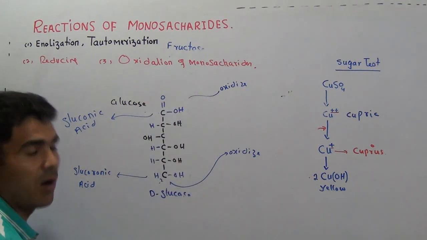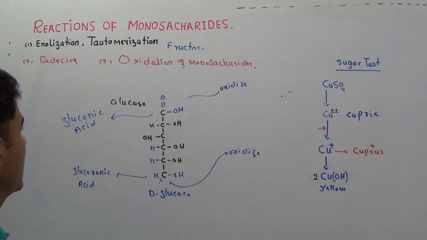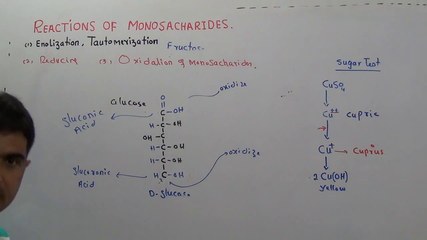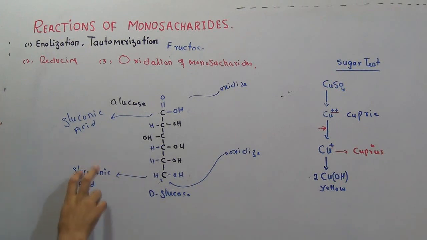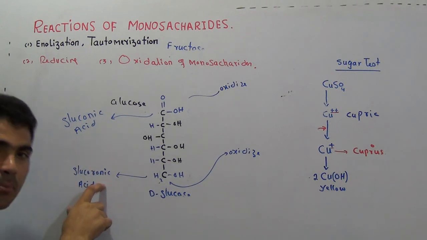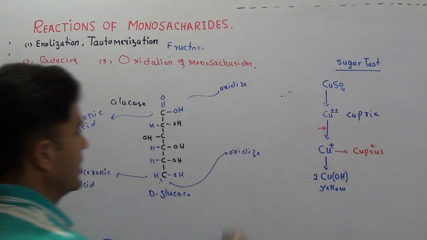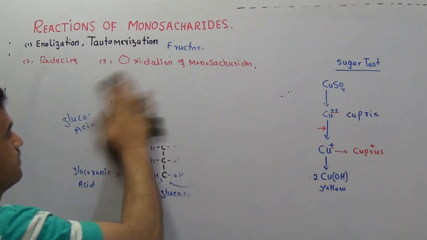It shows that oxidation has occurred. These compounds have a special role. You will see glucuronic acid in different kinds of mucopolysaccharides, heteropolysaccharides. They are physiologically very important monosaccharides, and they will help you understand the polysaccharides.